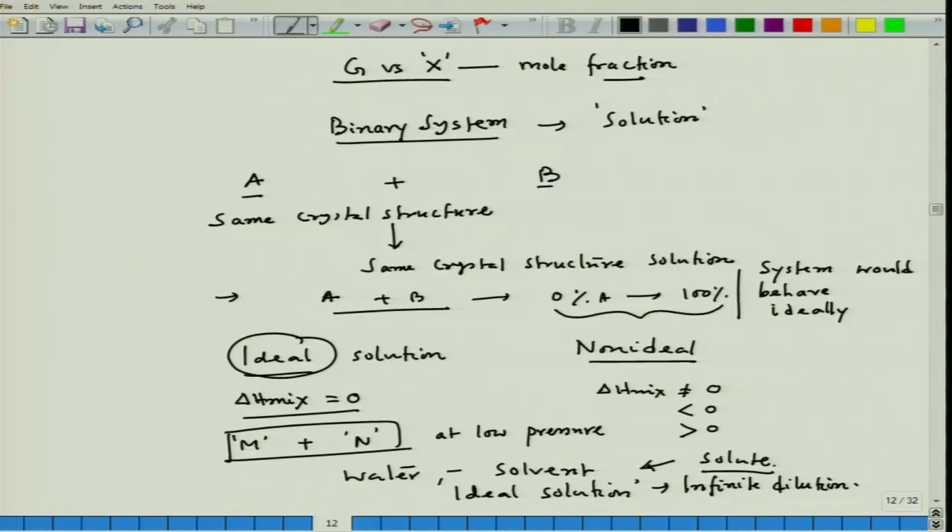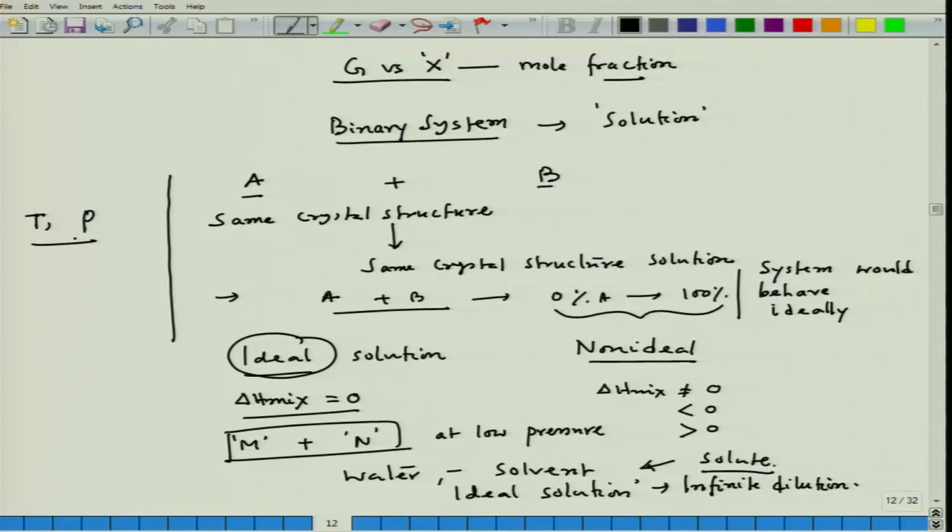Now, whenever we talk about an ideal system, we consider that it could be either a liquid solution or a solid solution, meaning the solution form is liquid or the solution form is solid.